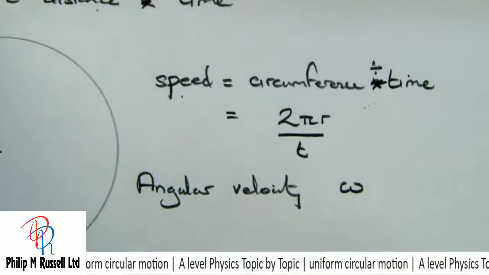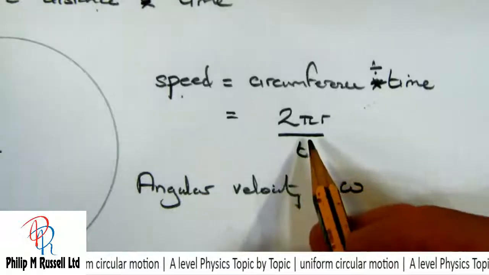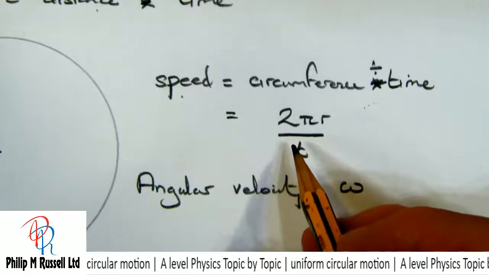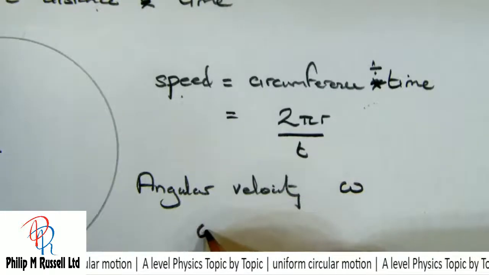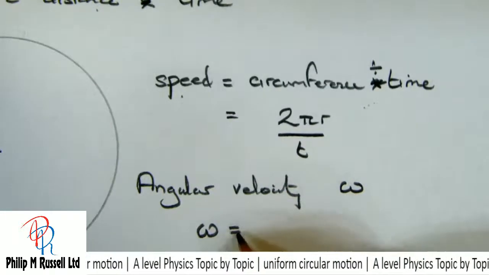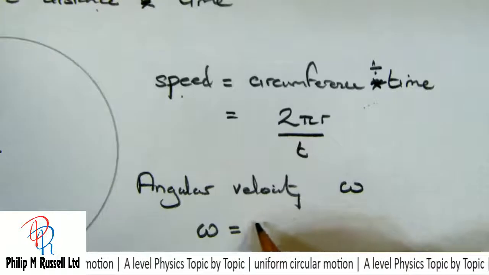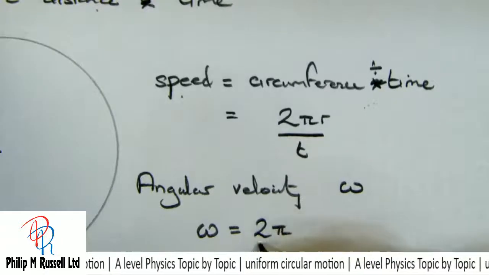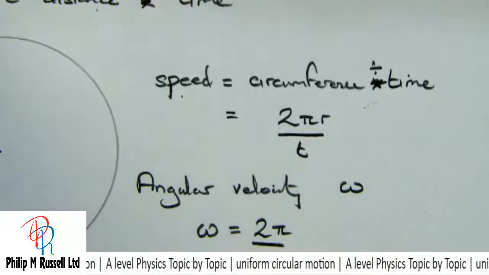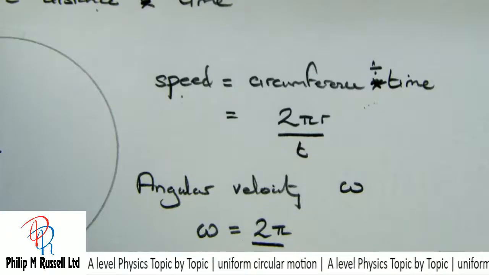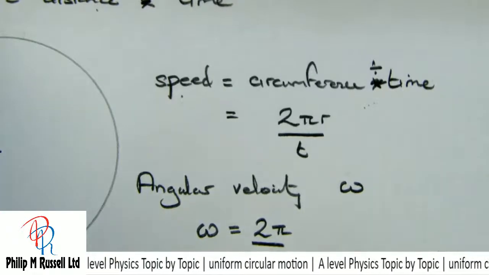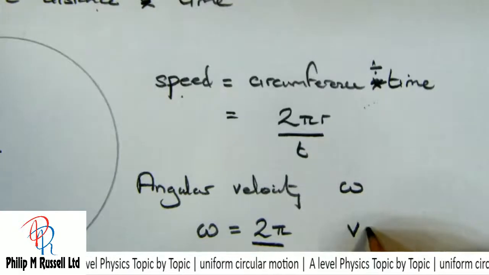So if my velocity, my speed is going to be that, then my angular velocity is going to equal 2 pi divided by the time taken. Now that gives us two basic formulas.